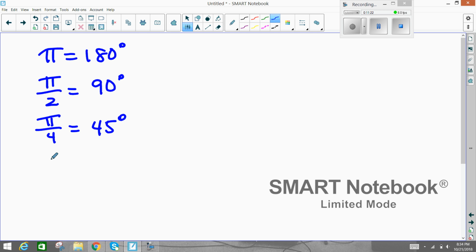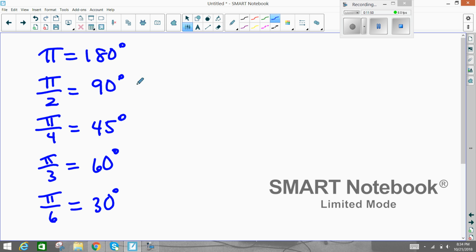What if we divide it by 3? Pi over 3. Well, that's going to be 60 degrees, because 180 divided by 3 is 60 degrees. And what about pi divided by 6? So 180 divided by 6 is 30 degrees. Alright, so these are kind of your basic building blocks of radians.